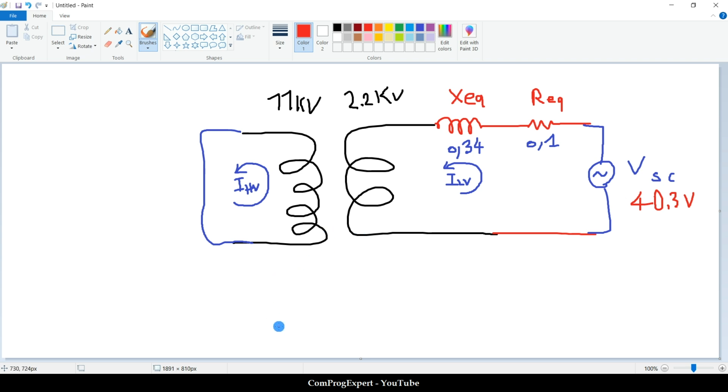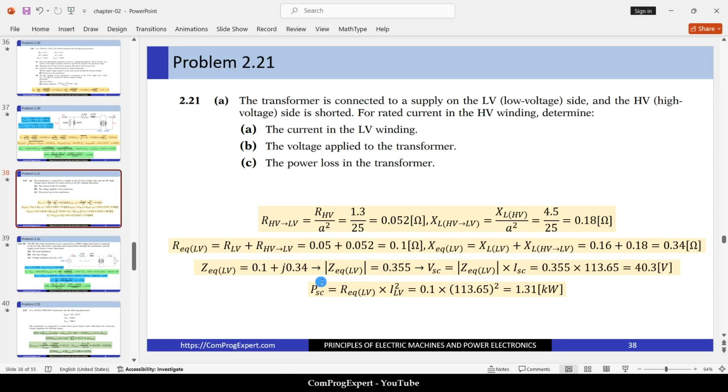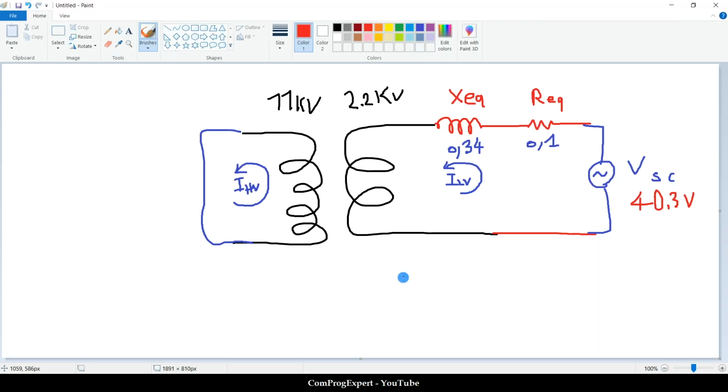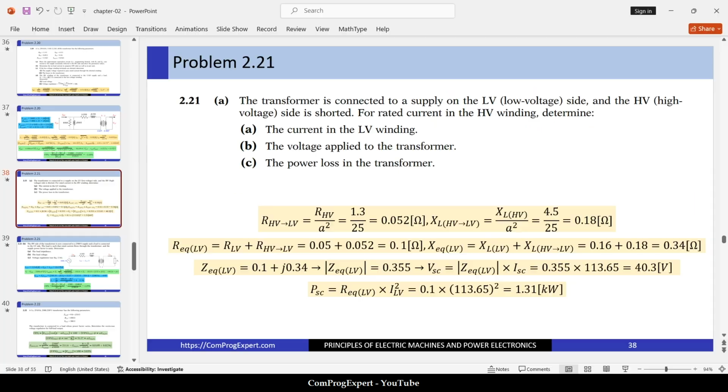And how can we calculate the power loss for the short circuit test? It is the R equivalent times the current of the short circuit to the power 2, right? The loss that we have for this resistance. The value of the I short circuit is equal to the rated value of the current of the low voltage winding.